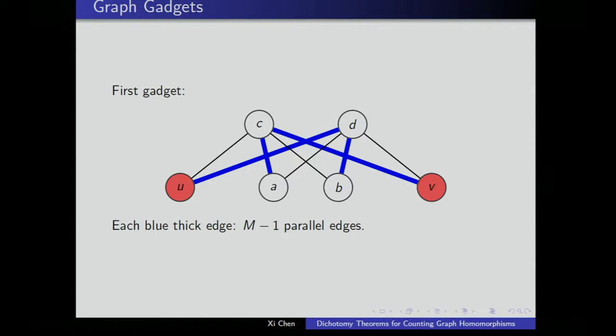A graph gadget is just a graph, but now with two special vertices called u and v. I highlight them in red here. And then you can add as many vertices and as many edges as you want. Here in this picture, I use a blue thick edge to denote m-1 parallel edges. And just a reminder that m is the parameter in the unitary matrices.